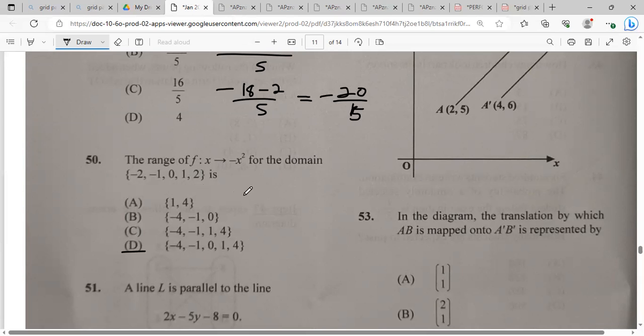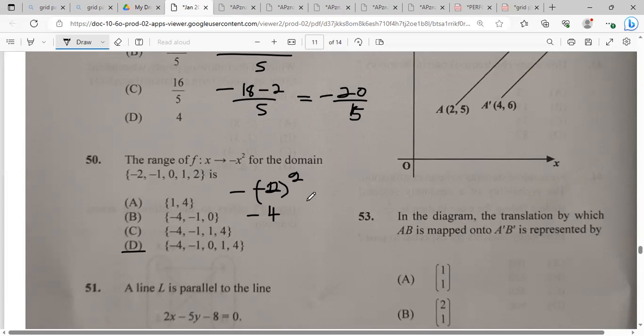So we could actually plug into the main formula negative 2 squared. So we square this, it's going to give you positive 4, but then you have the minus on the outside here.